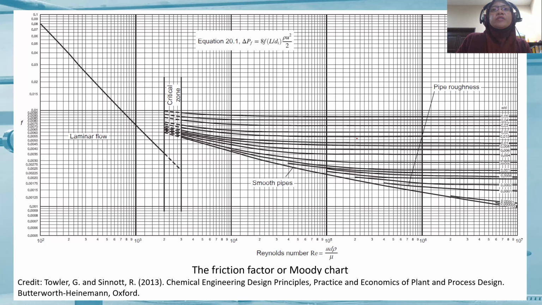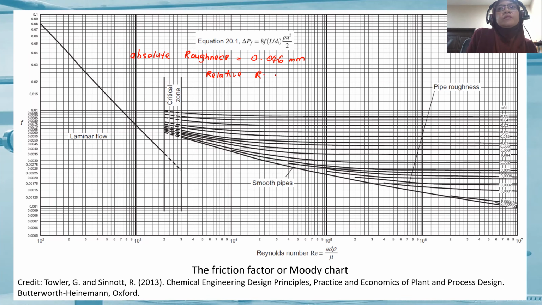So what we have just now is our absolute roughness, which is 0.046 millimeter.